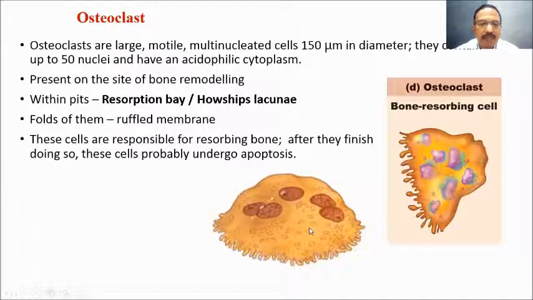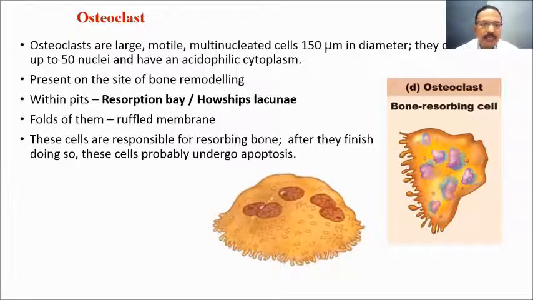That means they are formed by the fusion of many cells, and these cells help with the remodeling of the bone. So they are helping with resorption of the bone. They will be digesting the mineral part of the bone, later the osteoid part, and that is the way they help with remodeling of the bone.